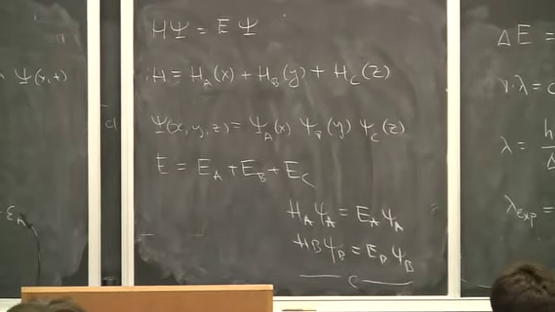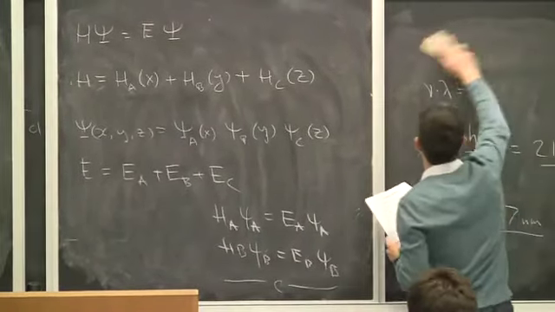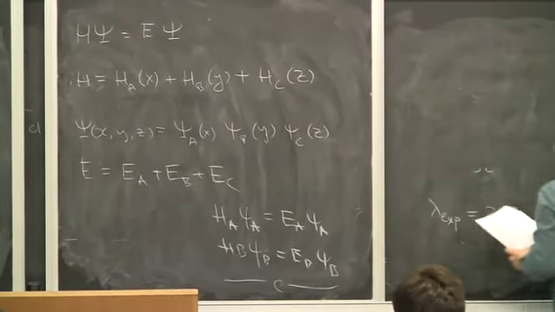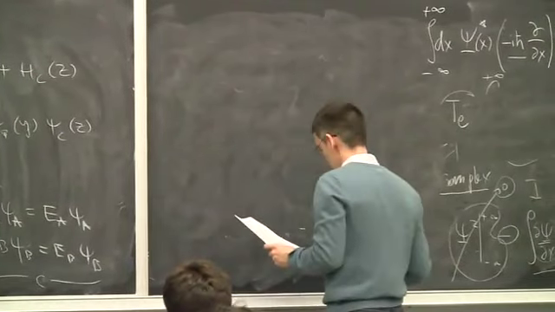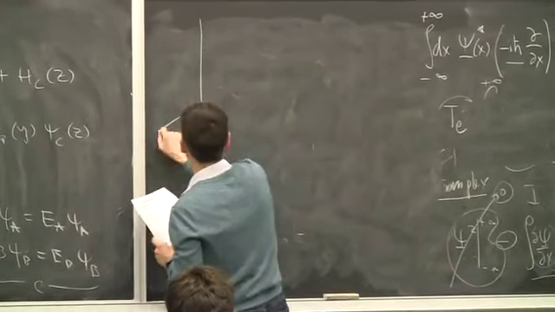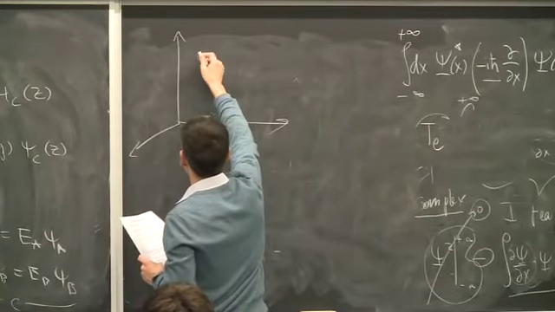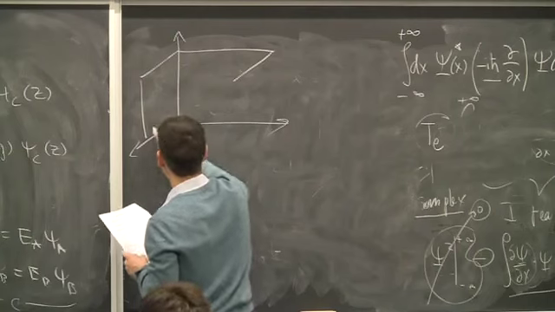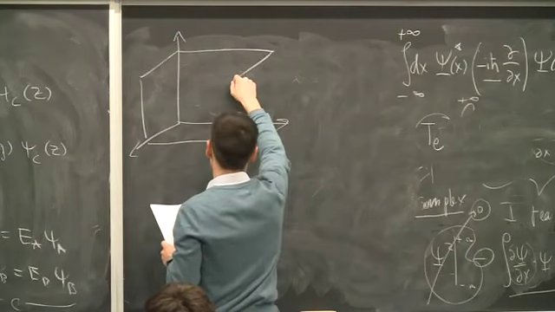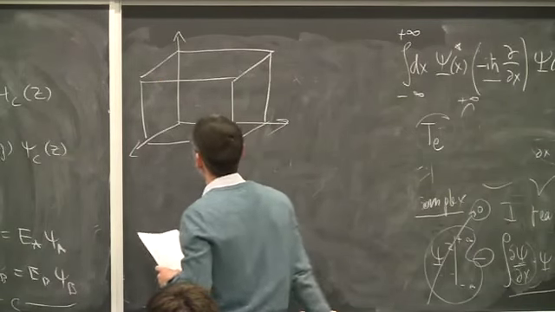All right, so now what is the geometric construction? The geometric construction for the 3D would be like this. We have a 3D box, right?